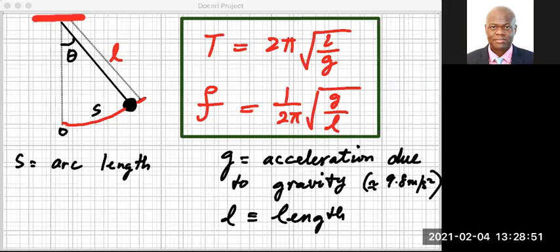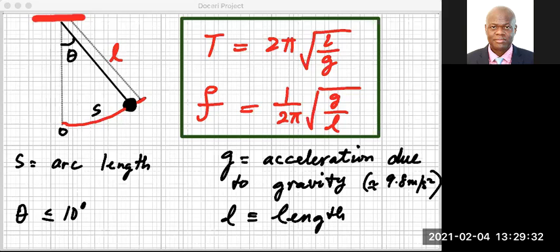Okay, so period and frequency. And take note, for a pendulum to execute simple harmonic motion, this angle has to be small. That is, let's say, less than approximately 10 degrees. If it displaces too far, then it will no longer execute simple harmonic motion, because its motion will become more complex.